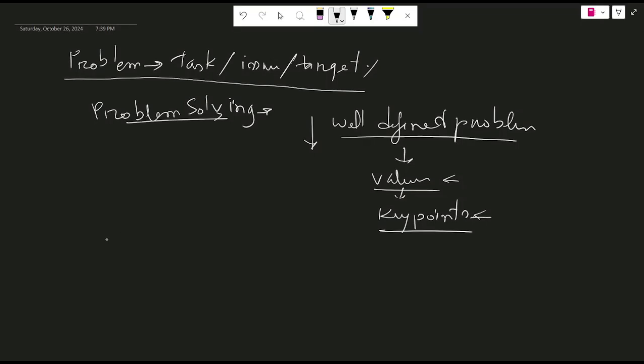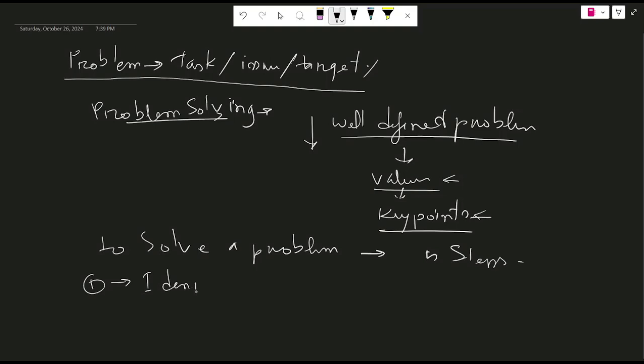To solve a problem, there are 5 steps. Step number 1: first identify the problem.